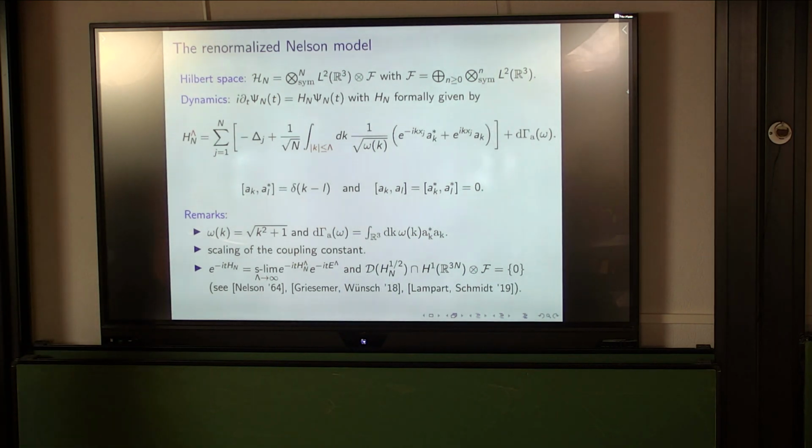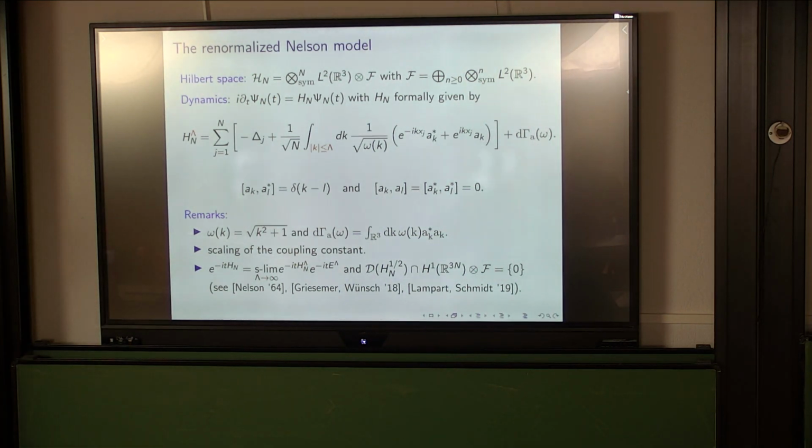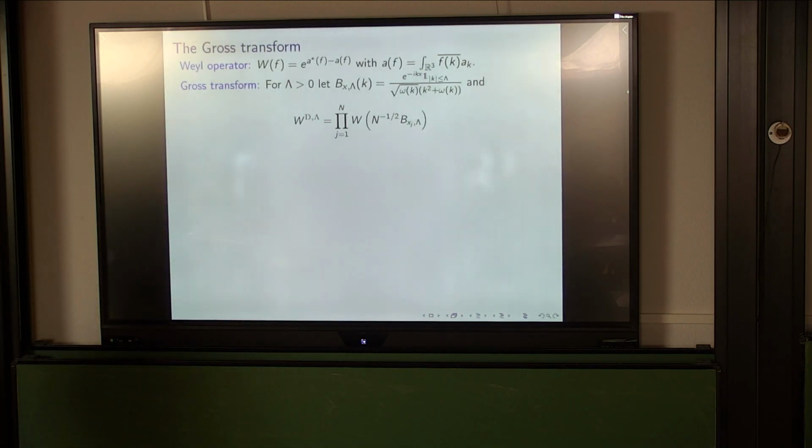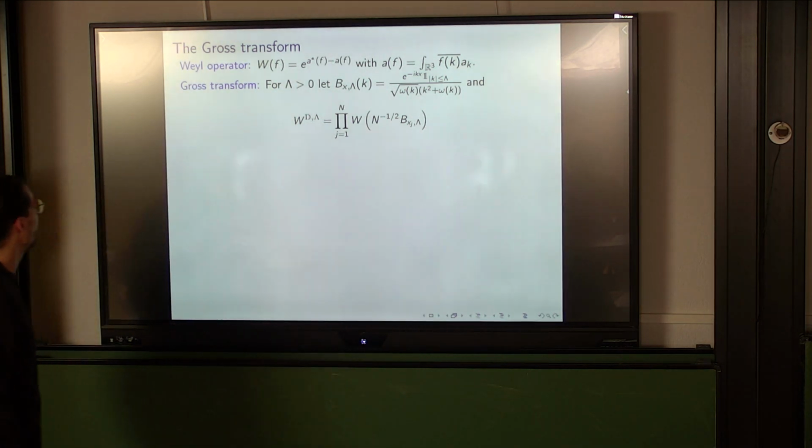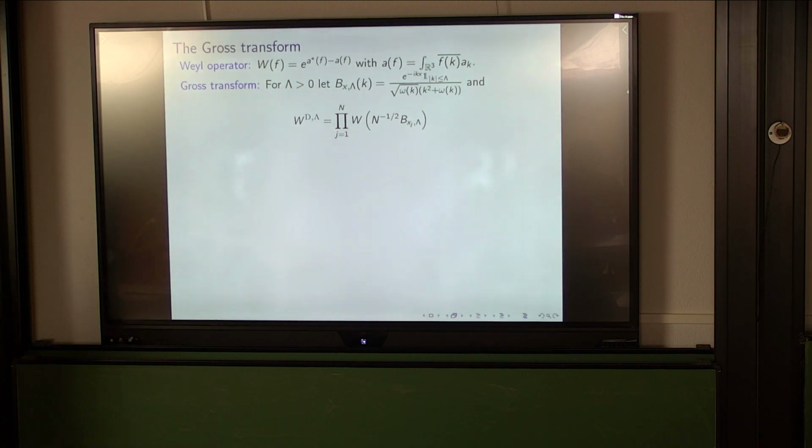To get a glance of this construction of Nelson and also to introduce some notation, I would like to first define Weyl operators, which, if one acts with them on the vacuum, create a coherent state, and then the Gross transform.